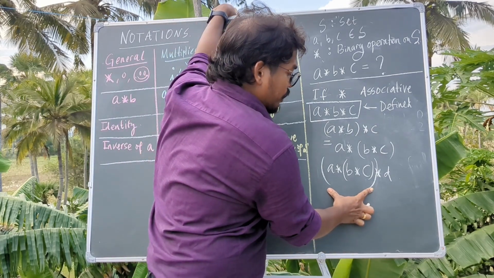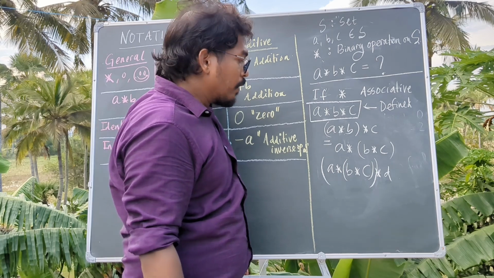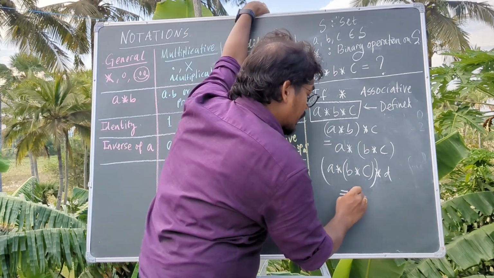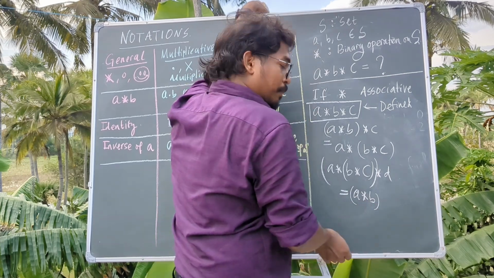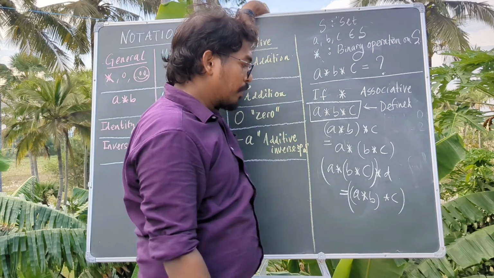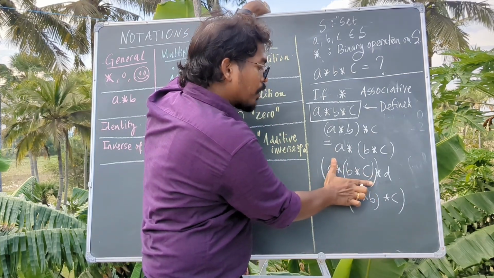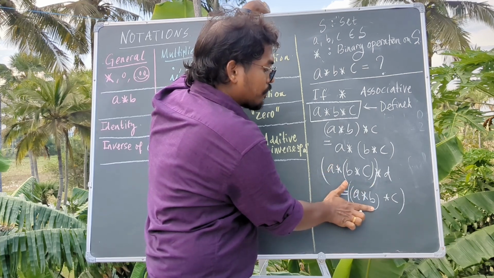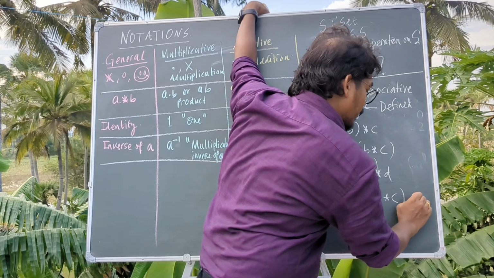Then the result he will operate with D. Now that will also be the same as, since star is associative, A star B star C, because in this parenthesis we have A star B star C, and star is associative, so I can write A star B bracket star C, then star D.